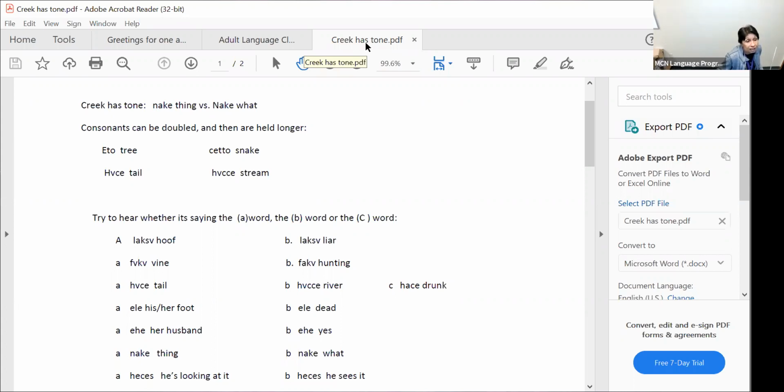Like ijo laksa, thako laksa. But okay, look here. That's a liar. Laksa. You draw it out. Hear that tone? That means a liar. See the difference there? But they're spelled the same.